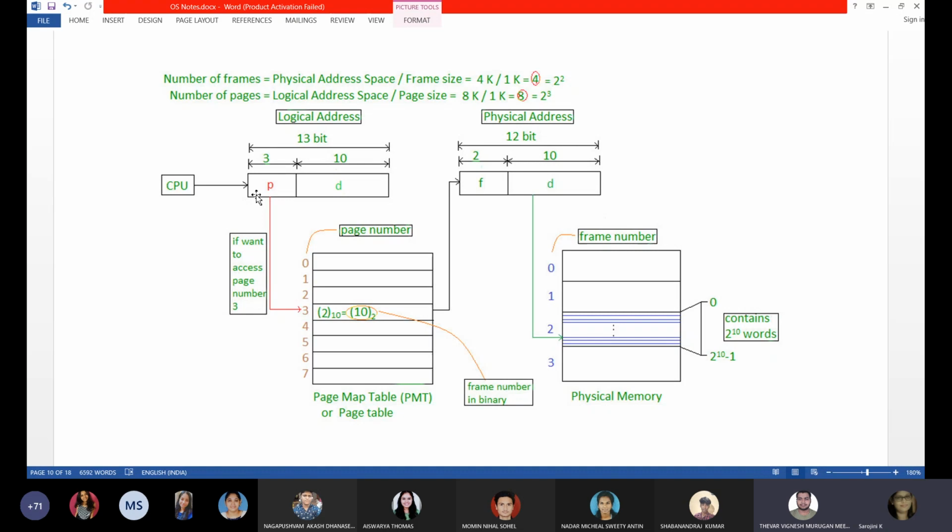Only 1 bit is enough, no? Because in 1 bit you can store 0 or 1. So one house number will be 0, another house number will be 1, right? Using 1 bit, 2 different things you can denote.